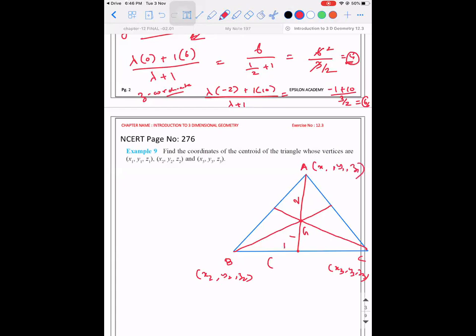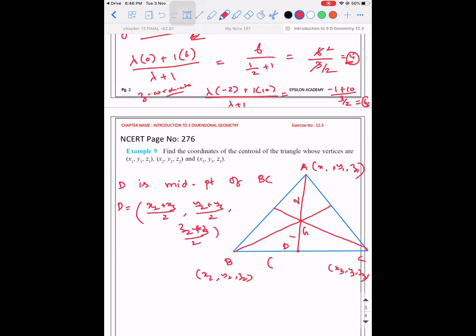Then what is the midpoint of BC, guys? What is the point D? D is the midpoint of BC. What is the value of D? It will be x2 plus x3 by 2, y2 plus y3 by 2, and z2 plus z3 by 2. What did I apply?